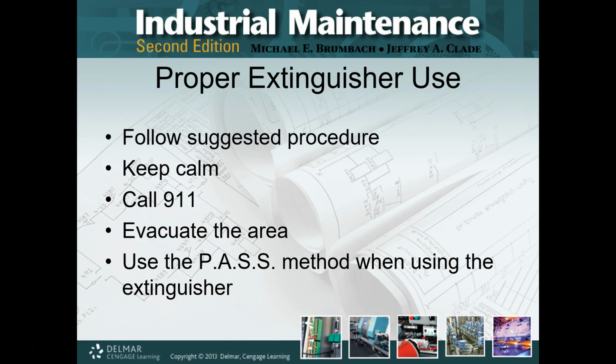Keep in mind, the numbers that you see in front of those letters, A, B, C, or D, is the square footage that extinguisher has been determined to put out.